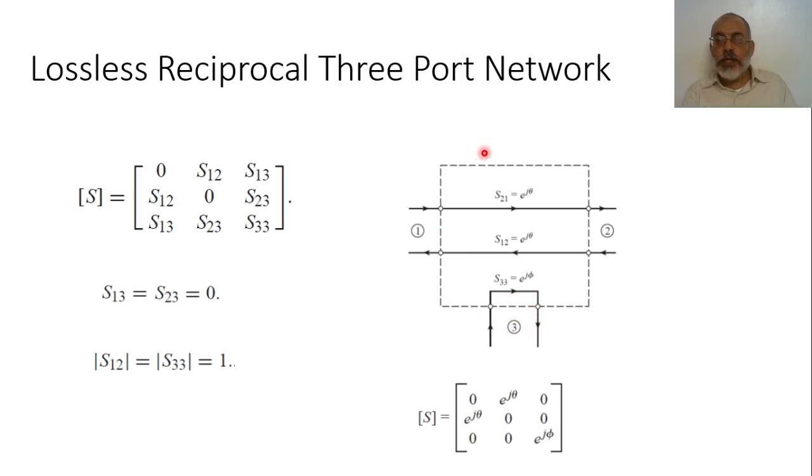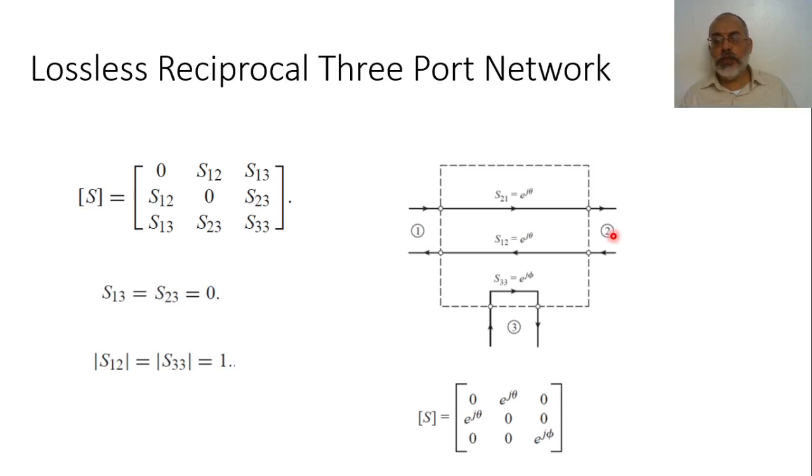So the equivalent circuit in the case of a lossless reciprocal 3-port network that is matched at port 1 and port 2 and not matched at port 3 is simply a transmission line going from port 1 to port 2 and a short circuited port at port 3. This means that there is no power going from port 1 to port 3 or from port 2 to port 3, or in other words, port 3 is completely isolated from port 1 and port 2.